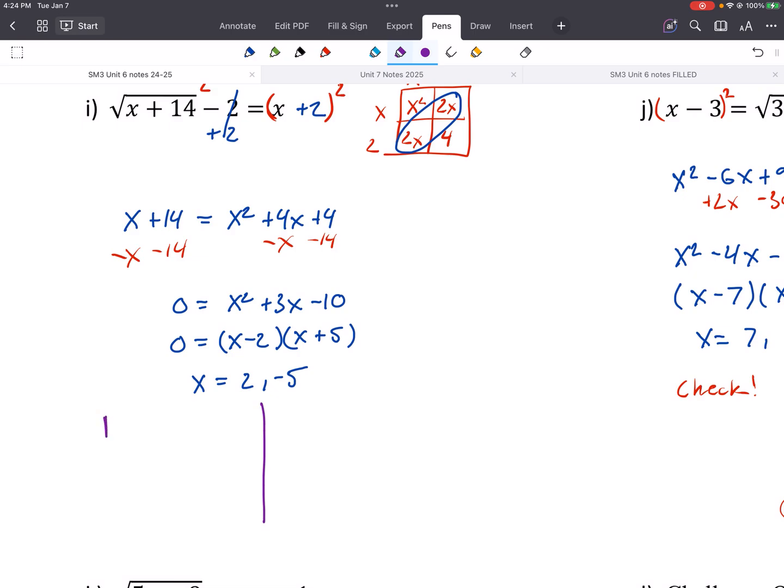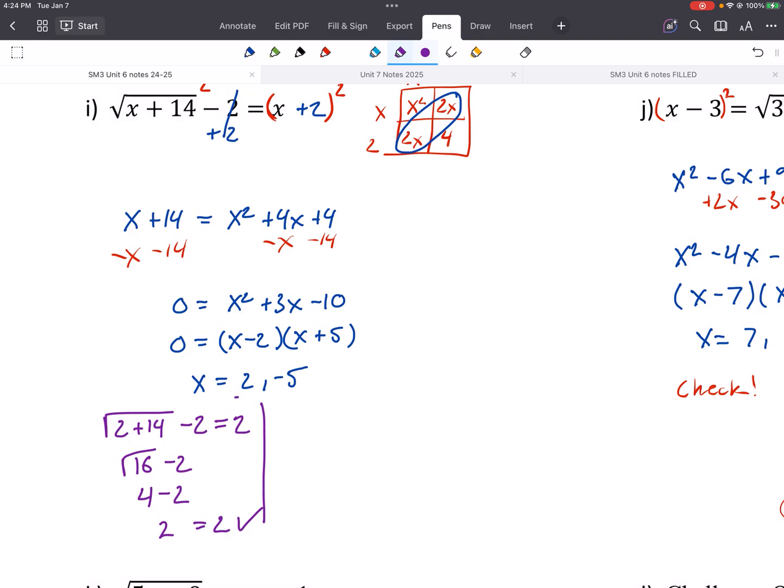So square root of 2 plus 14 minus 2 equals x, and x is 2. And we have to plug it into your original equation before you did anything else. So square root of 16 minus 2, which is 4 minus 2, which is 2. So check.